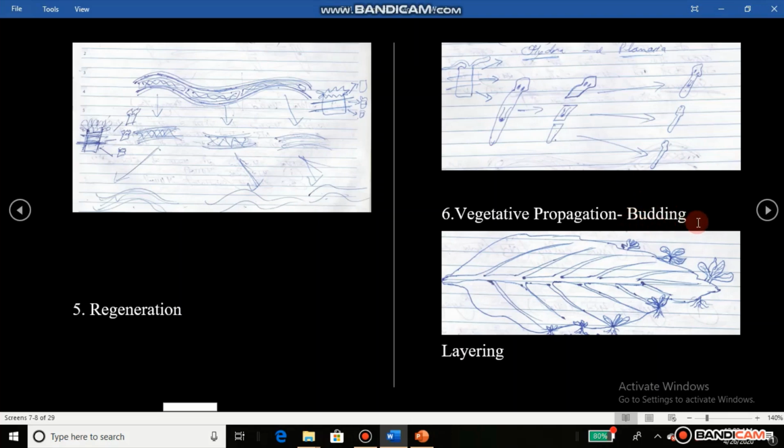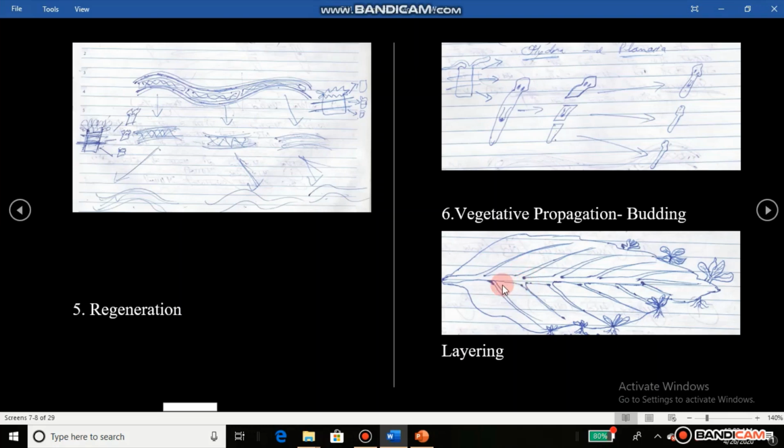Budding is the only way in plant vegetation. So let's see, what is budding? Budding I already told you about in animals. Budding means that it forms an outgrowth from the parent body, same as the parent. Here is the example of a bryophyllum leaf.